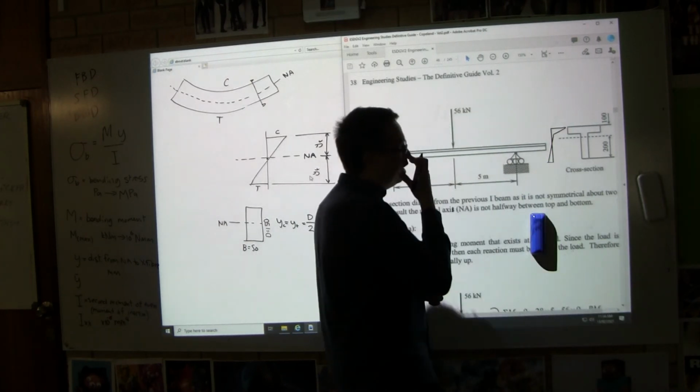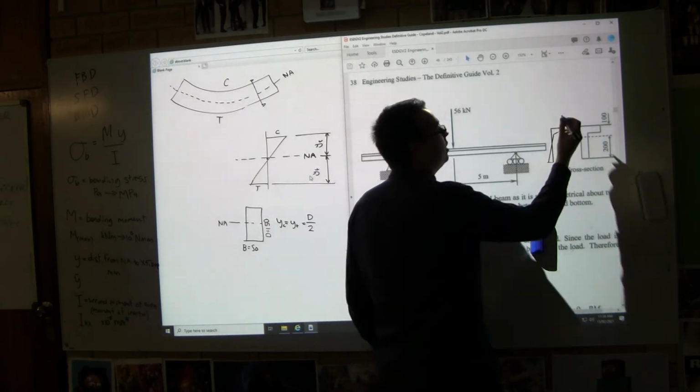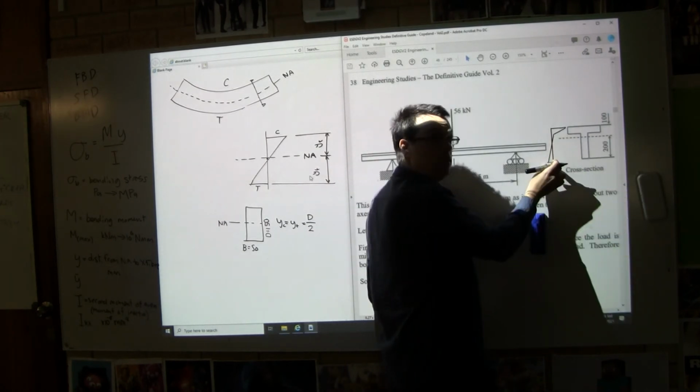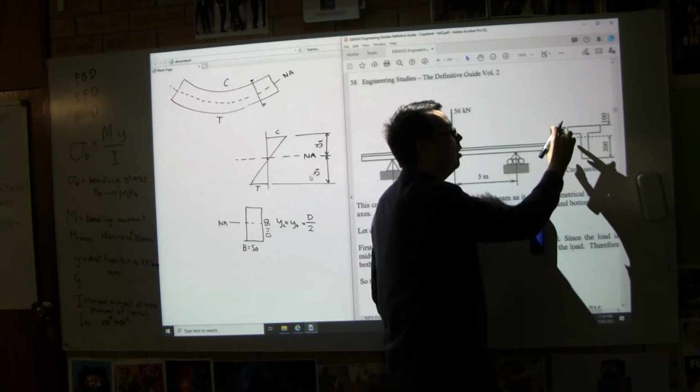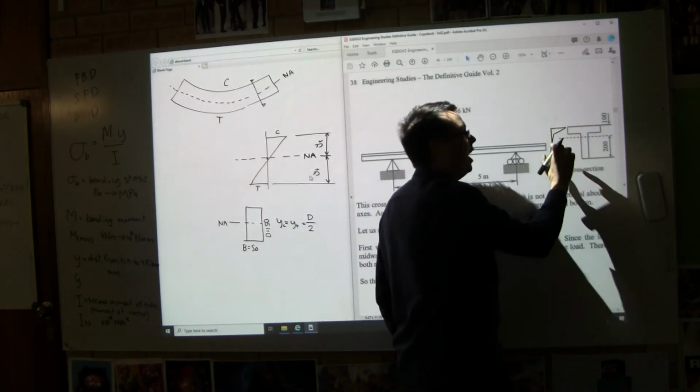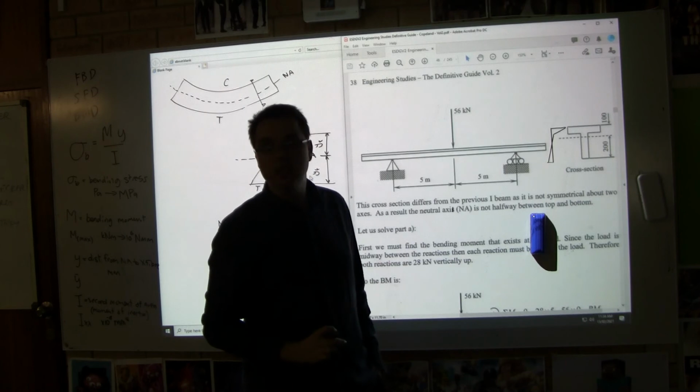Even though this is wider than that, the area of compression and the area of tension are equal. Can you see that?